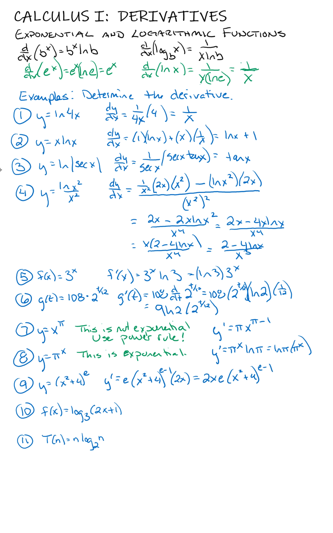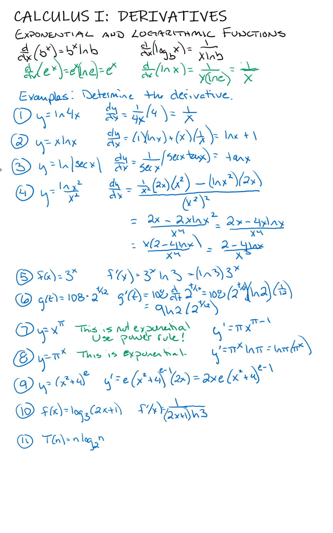Example 10, we're back to a logarithm. f of x is equal to log base 3 of 2x plus 1. So our log rule, if you remember what that looks like, we'll write this as 1 over our argument, 2x plus 1. And then here in the denominator, we're going to multiply by the natural log of our base, so that's the natural log of 3.